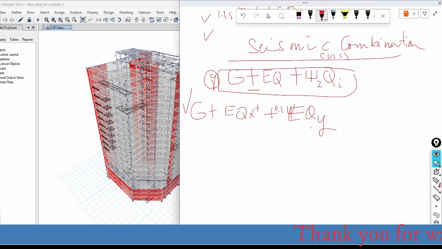That means 30% of the seismic load in Y positive direction, plus psi 2 Q. Here, this is basically floor live load. It may be floor live load, or it may be roof live load, or it may be vehicle live load.